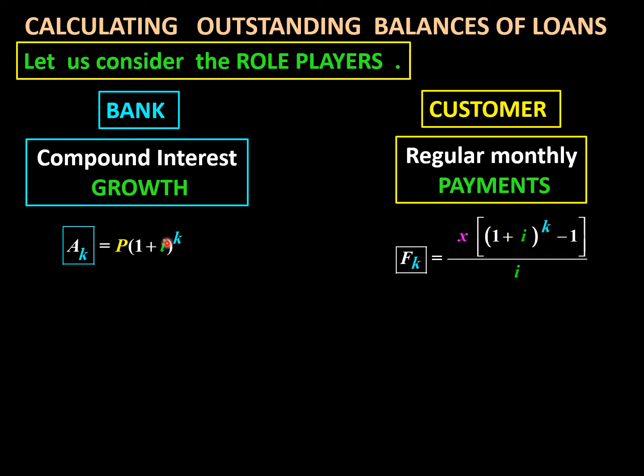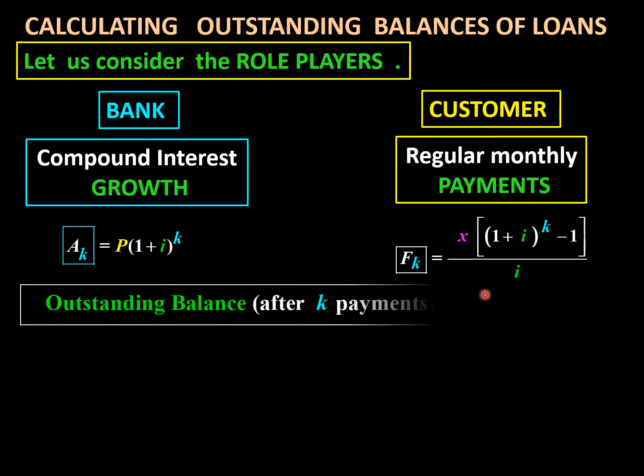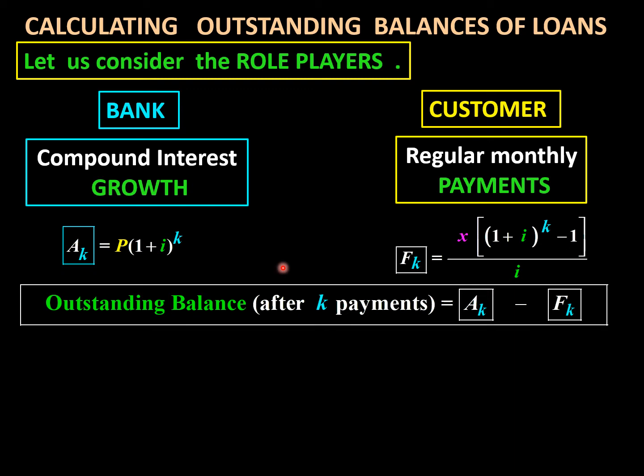And these are payments, so that's the sum of all her future payments. Then we can calculate the future value of all her payments up to a certain point. The outstanding balance is thus the difference between the A and the F. In other words, the growth of the loan minus the future value of all the payments.